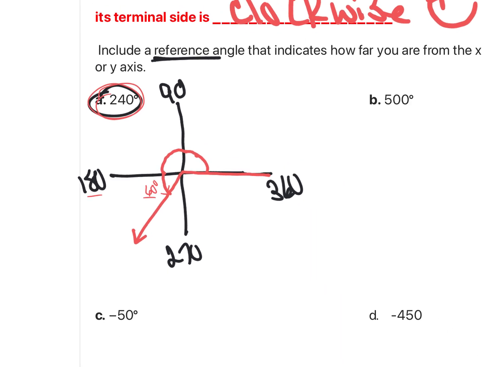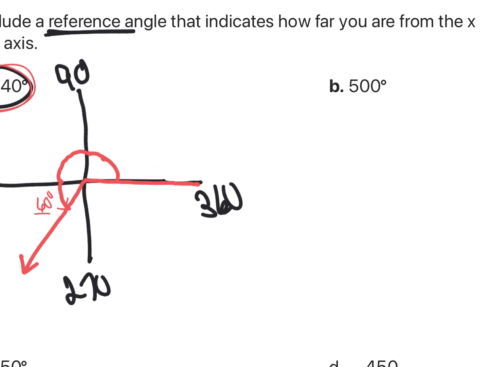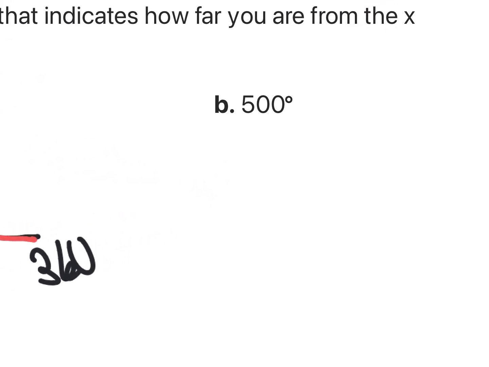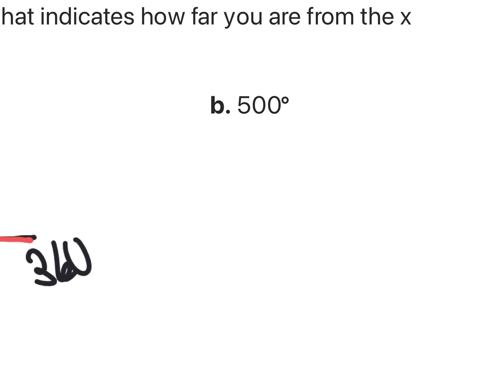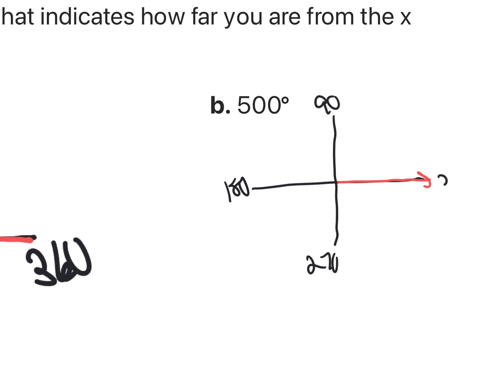Okay, so let's look again over here. Here's another positive angle of 500 degrees. So here's my y, here's my x. Again, in red here, I'm going to start close to the origin because I'm thinking, all right, let's one more time here. We got 90, 180, 270, 360.